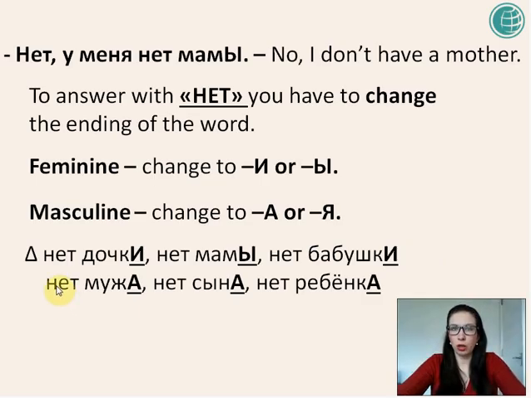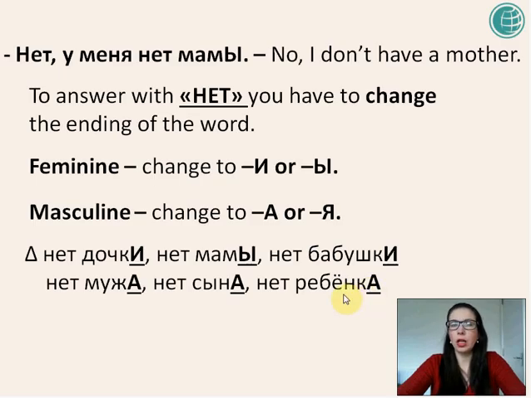And the masculine option. Нет мужа. I don't have a husband. Нет сына. I don't have a son. Нет ребенка. I don't have a child. I would say we don't change the ending, we just add an additional letter. Муж, сын, ребенок.